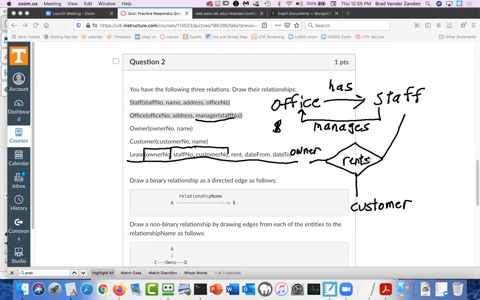If you simply used the name of the relation, that's often pretty good. If you just put lease here, I would be happy.